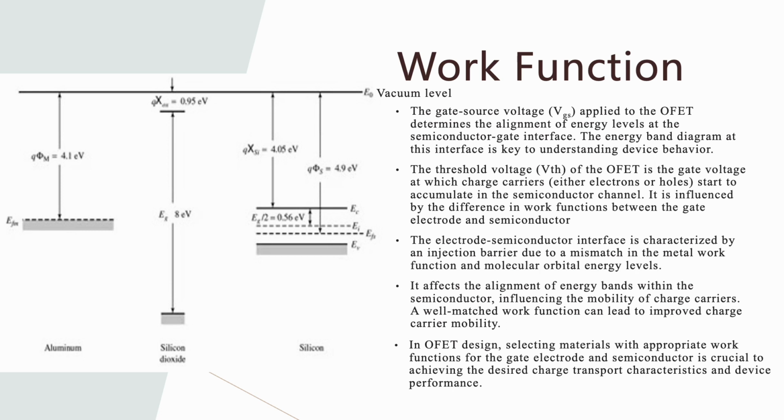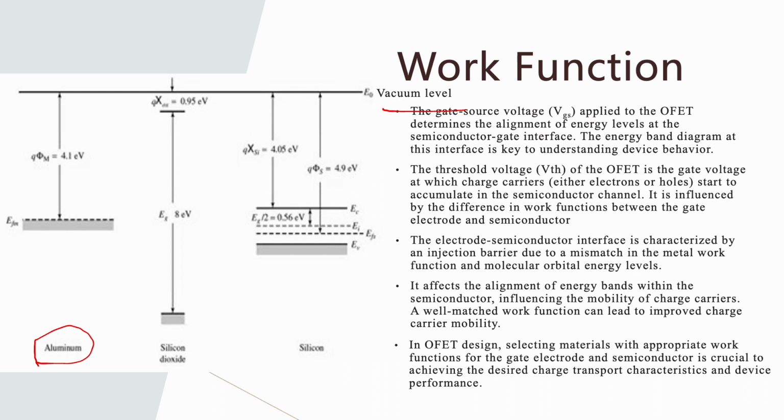The last parameter is the work function. The work function is a fundamental property of a material that characterizes the energy required to move an electron from the Fermi level of the material to the vacuum level. Or fundamentally, it is the gap between the Fermi level and the vacuum level.